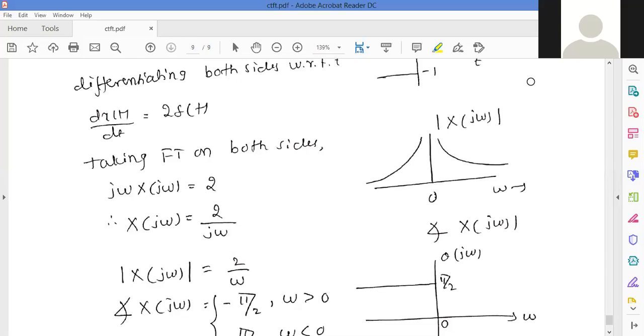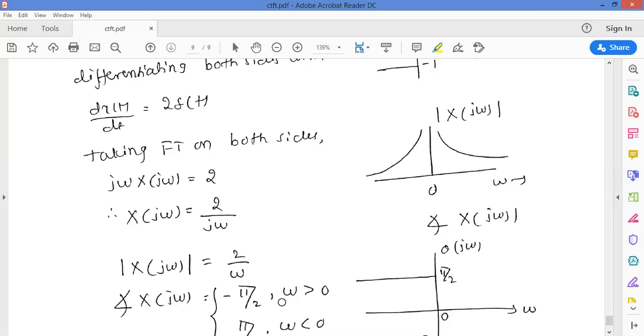Yes, sir. Okay. Now, for minus 2j by omega, when omega is more than 0, the answer is negative, minus j. Therefore, the angle will become minus pi by 2, for omega more than or equal to 0. When omega is less than 0, omega will also be negative, minus 2j will also be negative.